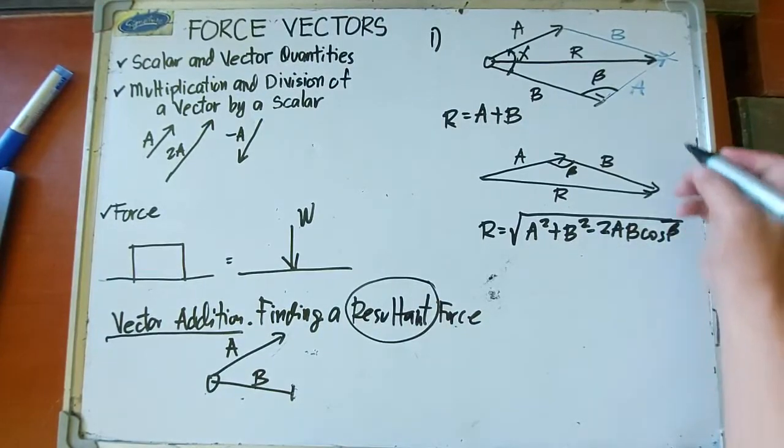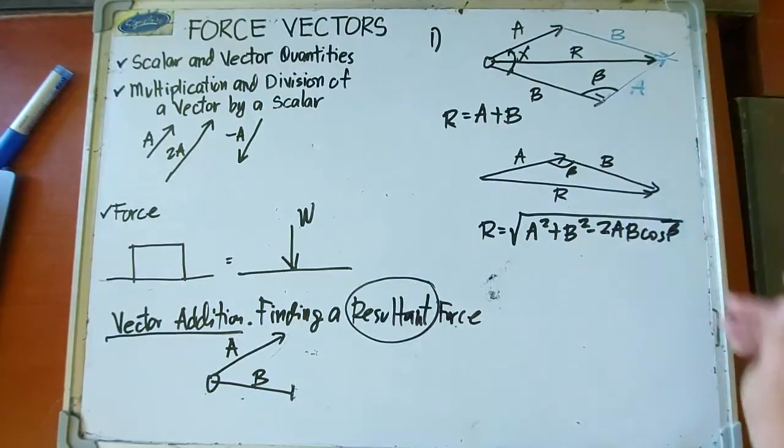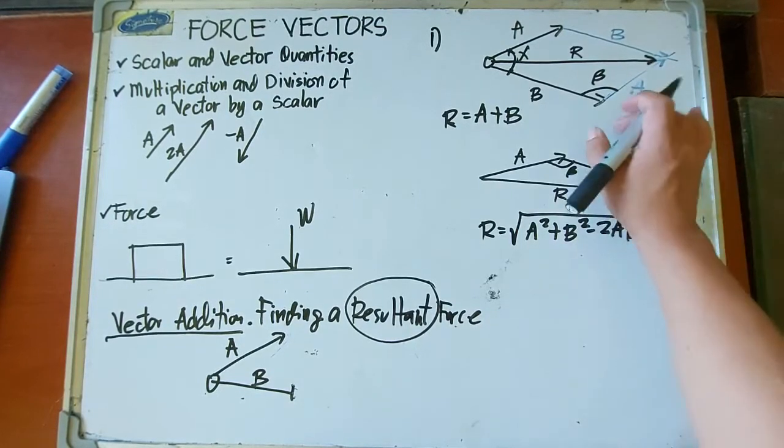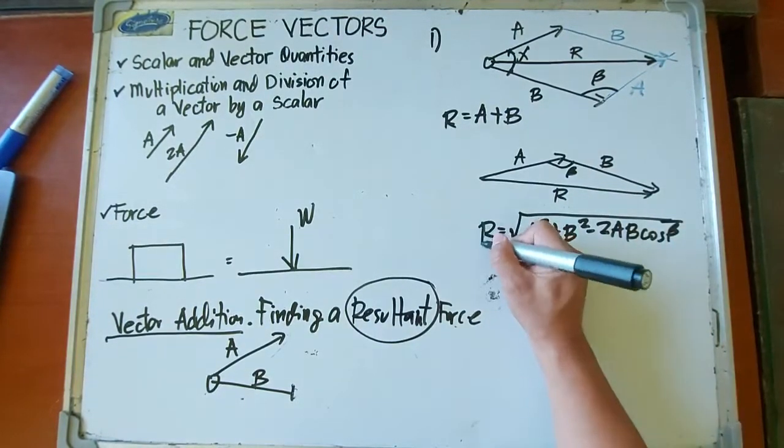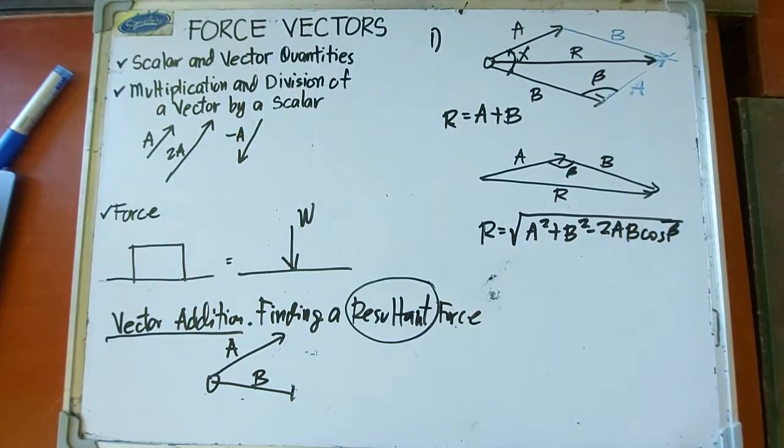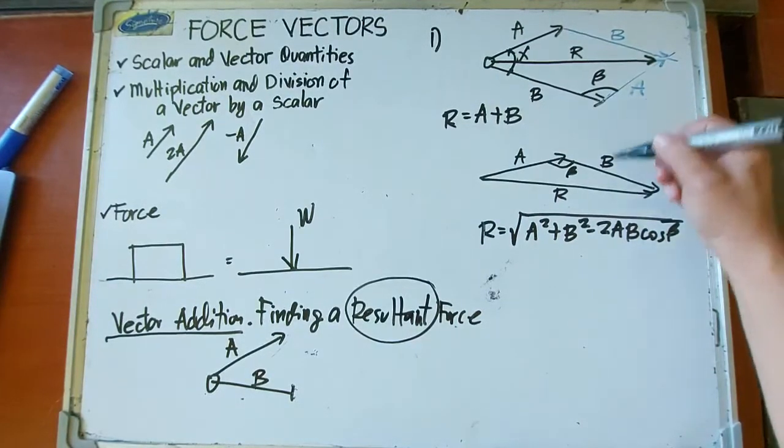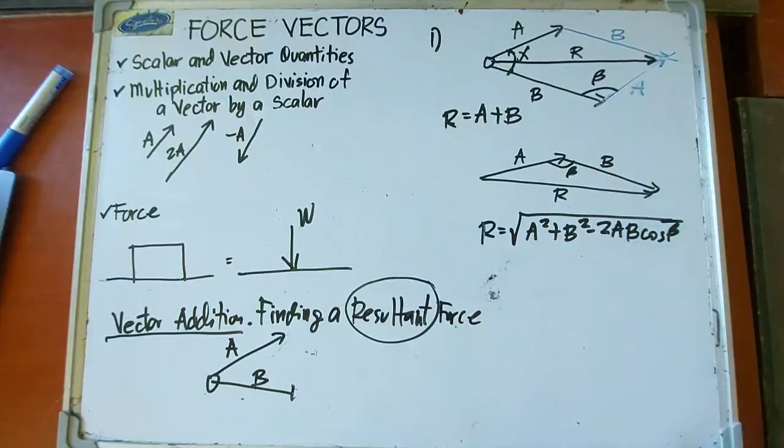Ayan. So given yung two sides and included angle, we will use cosine law to solve for the resultant force. Yung isang side ng triangle ito. Gamit tayo ng cosine law.